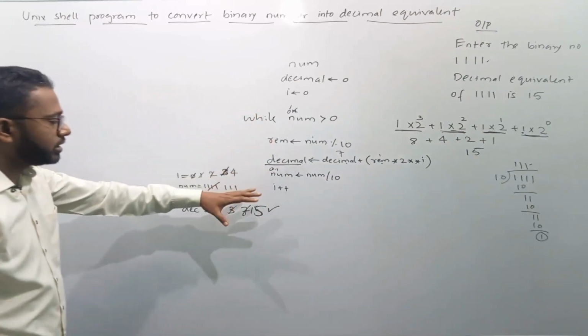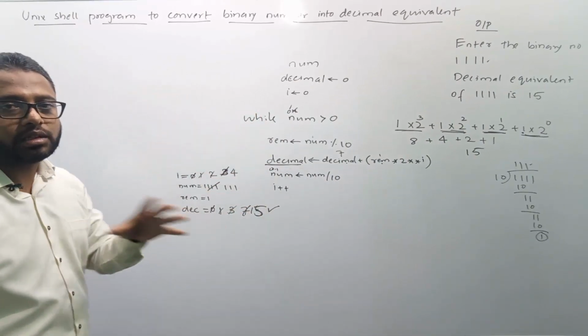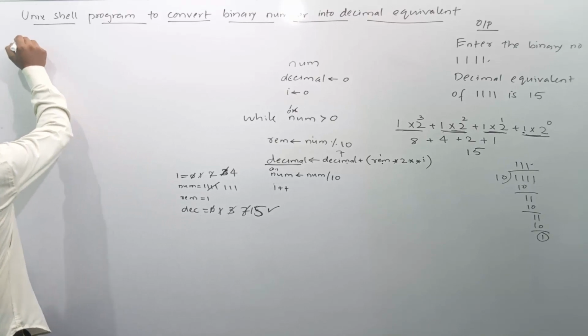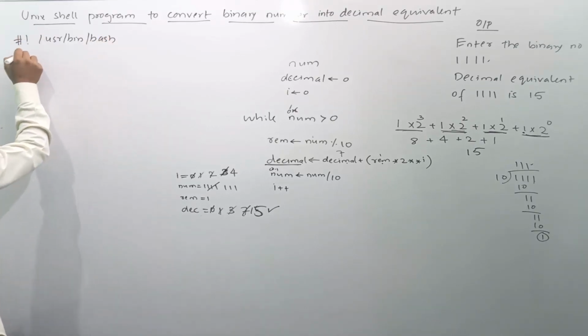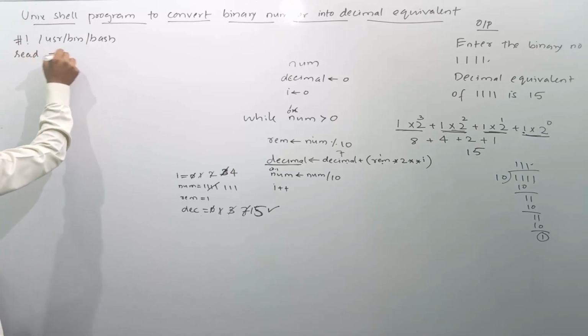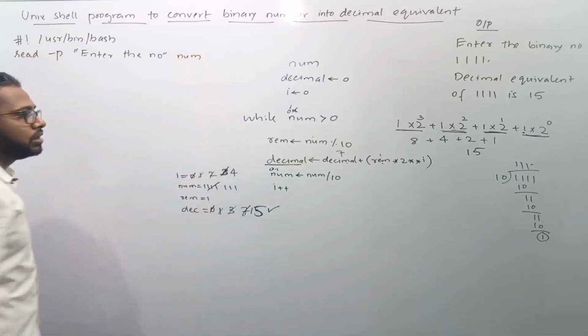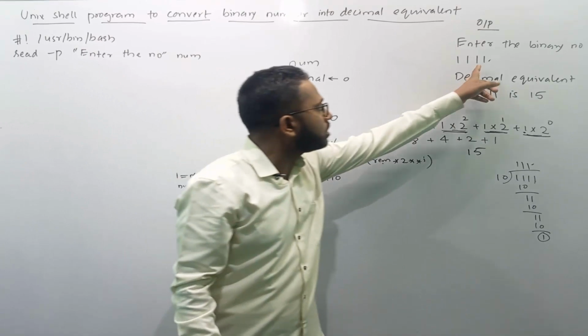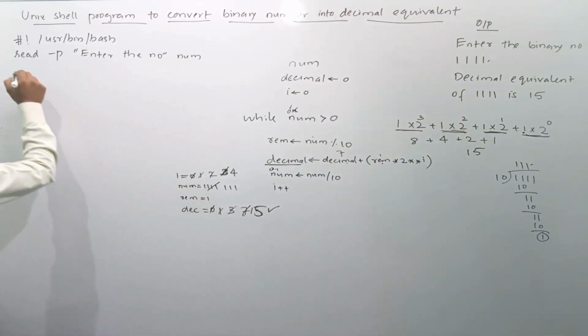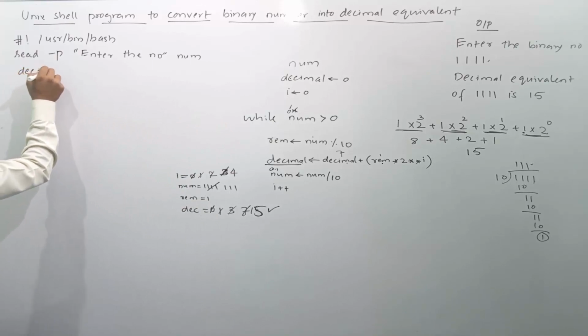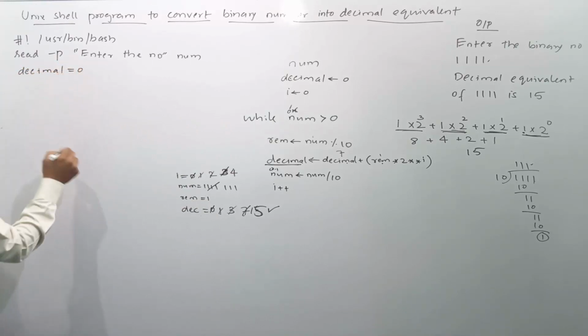So I will consider the same logic to write down the shell program. I will start the program with the shebang bash. read -p num. Okay, I will store this value inside variable num. Then I will create a variable decimal and I will initialize it to 0.